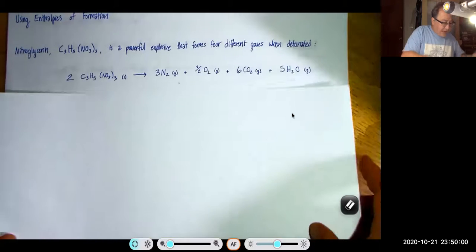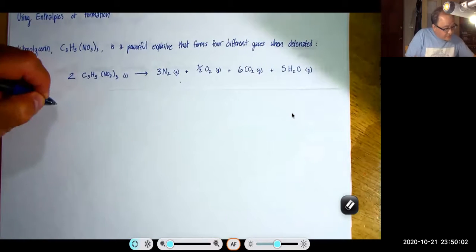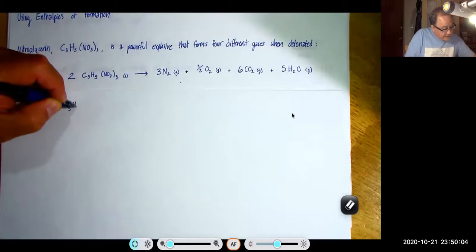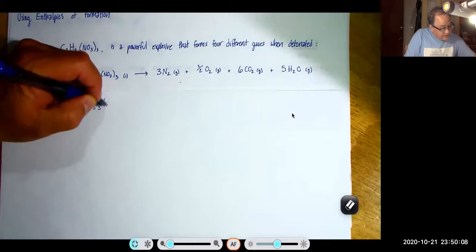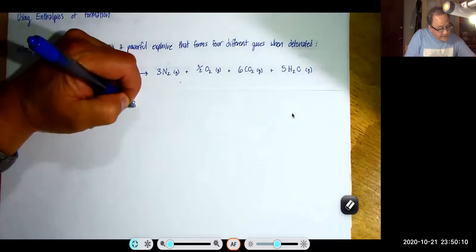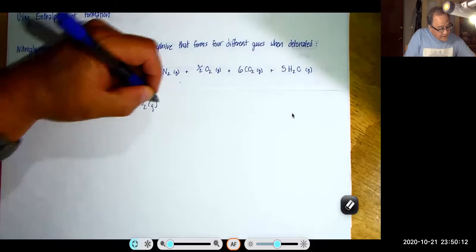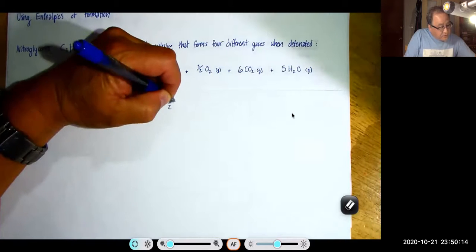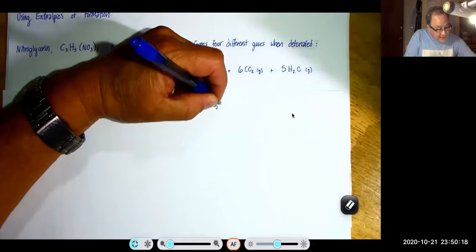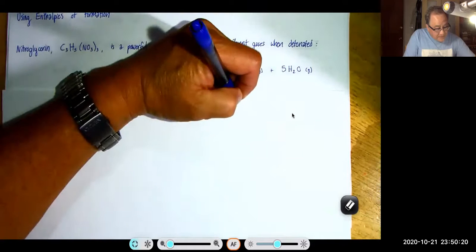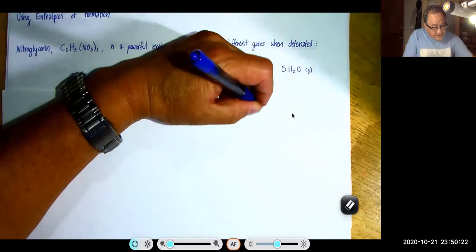So for this reaction, I'm going to write out 2 C3H5N3O9 liquid turning into 3 N2 gas plus 1/2 O2 gas plus 6 CO2 gas plus 5 H2O gas.